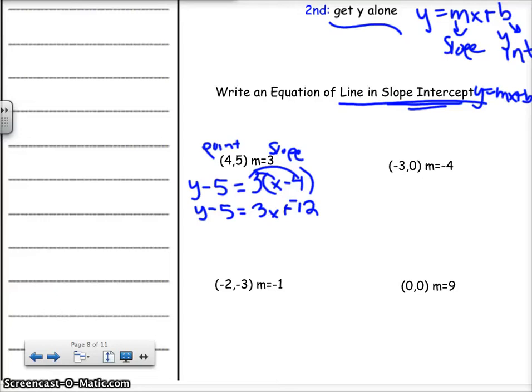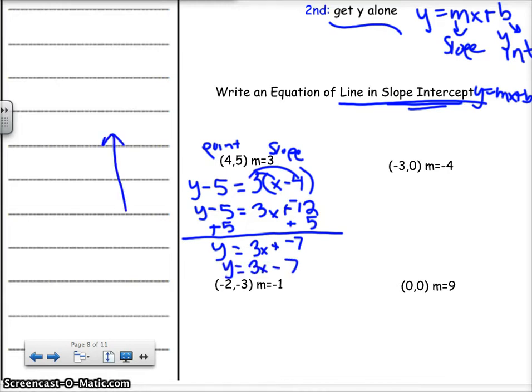The minus 5 is there, so I need to get rid of that. Oh, it's all coming together. Y equals 3x. Negative 12 plus 5 is a negative 7. Okay? Which would be MCA style, y equals 3x minus 7.